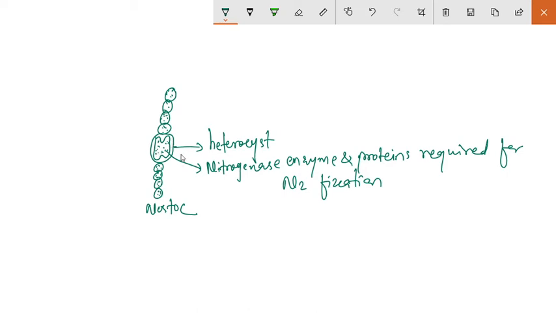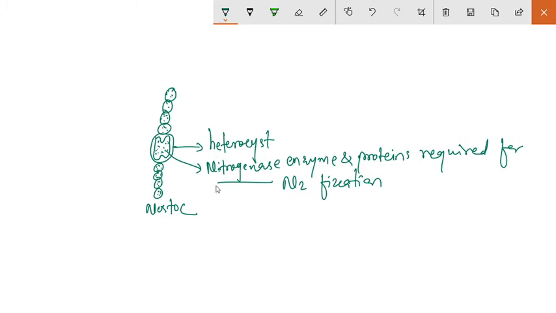Okay, so in the heterocyst there is a lack of photosystem second. Okay, in angiosperm plants we see that there are two systems, photosystem first and photosystem second. Photosystem second is responsible for releasing the oxygen. Okay, and we know that this nitrogenase enzyme is sensitive to oxygen. So when this nitrogenase enzyme is exposed to oxygen, it gets destroyed.